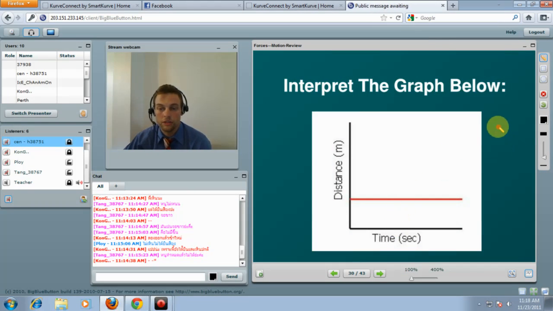Okay, so can someone tell me what this graph shows? What's going on here? So this is time. Let's say this is 4 seconds, and this is distance, and this is, say, 2 meters.